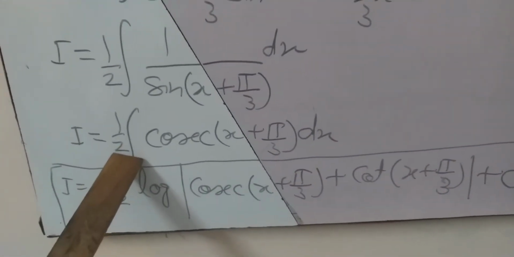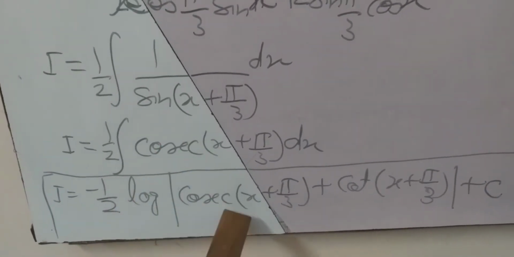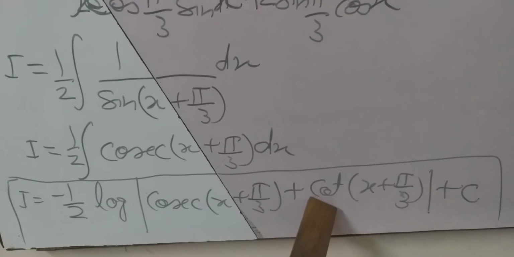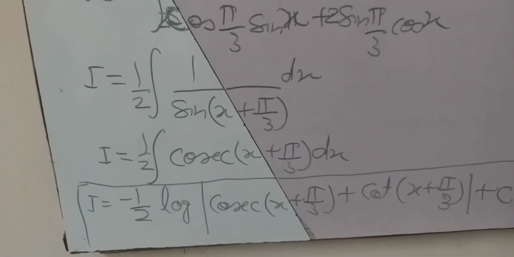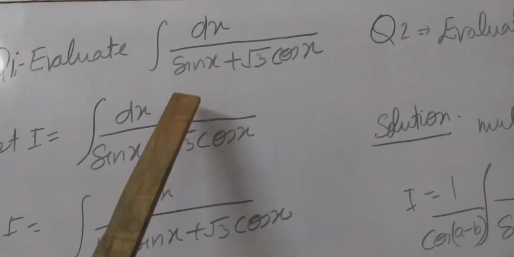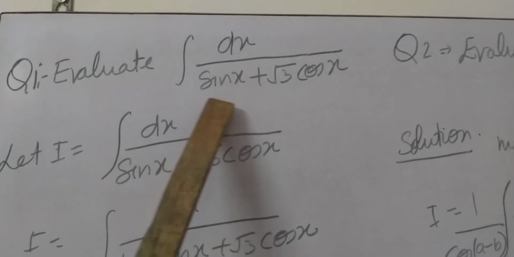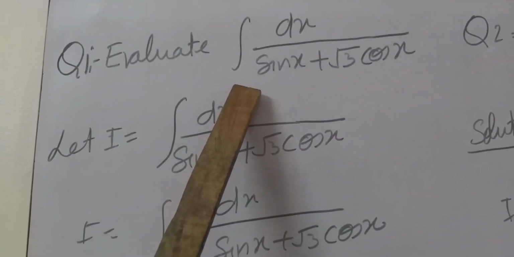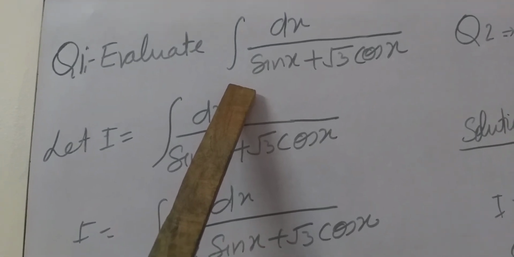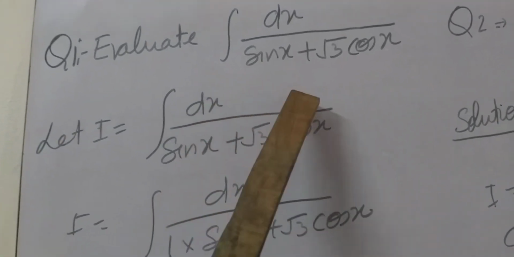That's why the answer is 1 upon 2 log cosec x plus pi by 3 plus cot x plus pi by 3 plus c. So remember, when this kind of question is there, try to form the formula of sin a plus b or cos a plus b to find its integration.